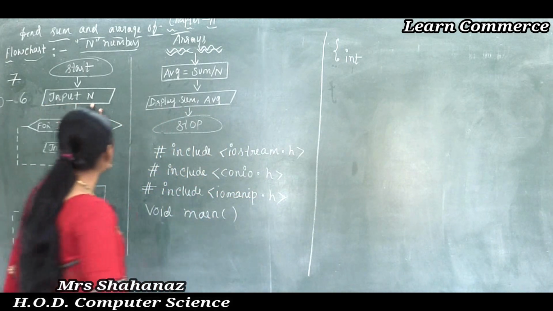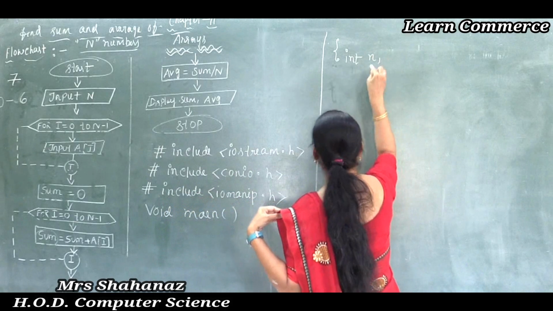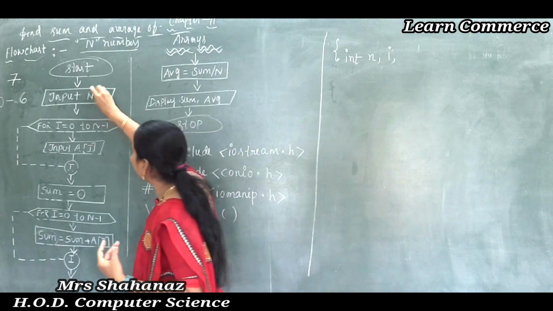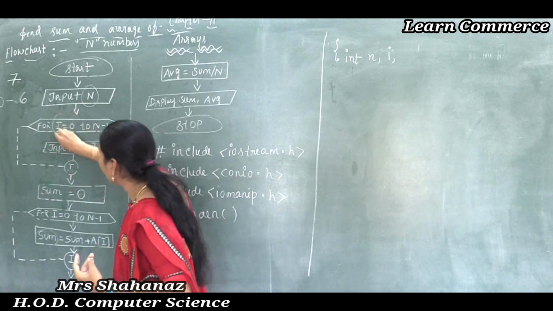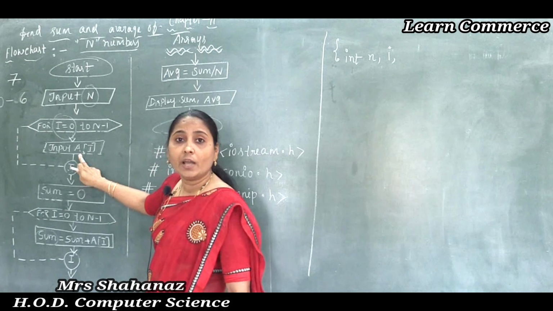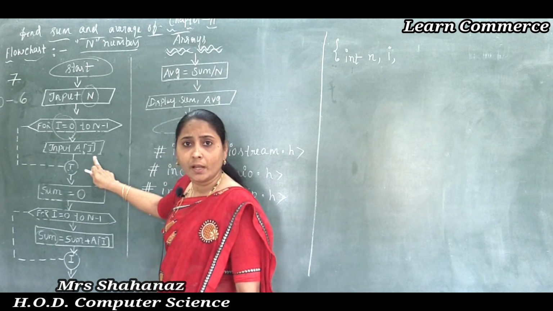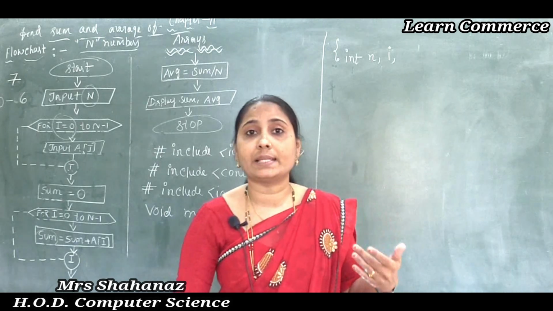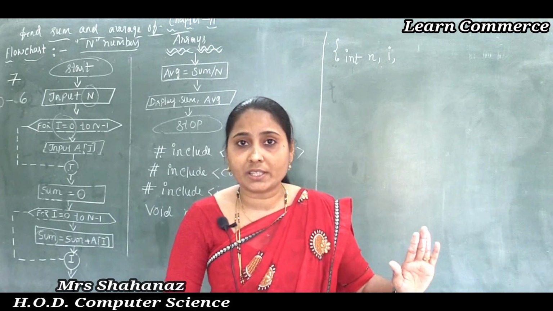So the declaration of the variables is int n here, and later I, clear this one. The n value I need to declare, and also the I value, and then a of 5. Or maybe instead of a of 5, if you use a larger size, there is no effect on the program.